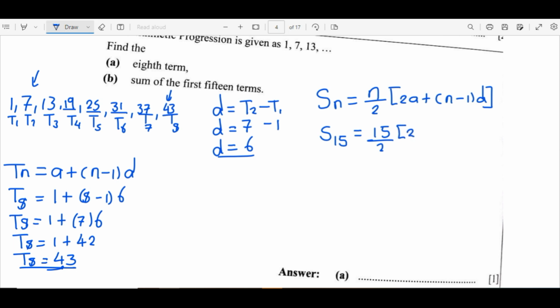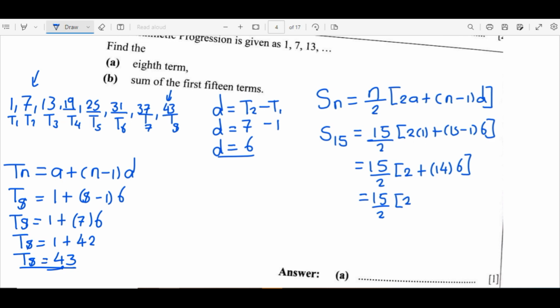Our first number is still 1. 15 minus 1 times the common difference, which is still 6. 2 times 1 is 2, plus here we have 14 times 6.